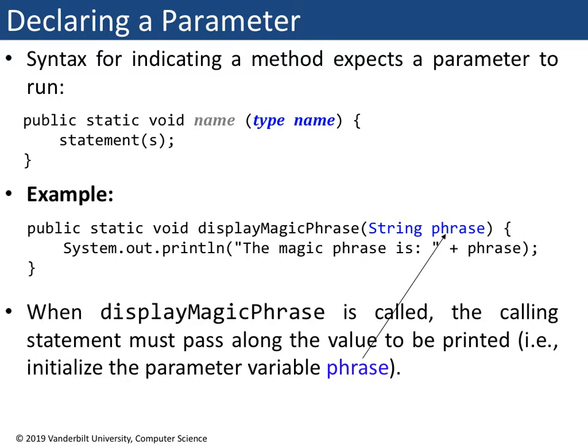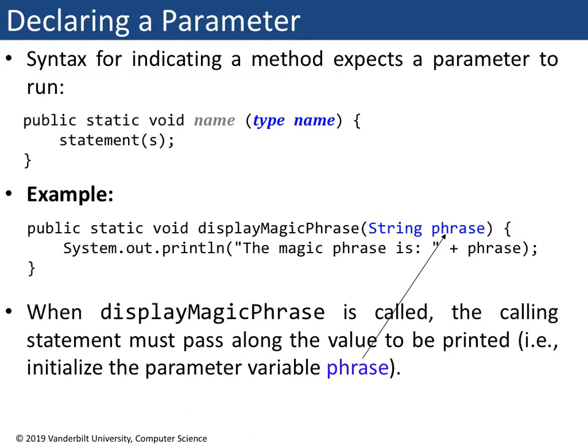And then inside this method, we can make use of this passed parameter simply as if it were a variable. So anywhere we see the name phrase show up inside this method, then we understand that we are accessing the value that has been passed to this method.